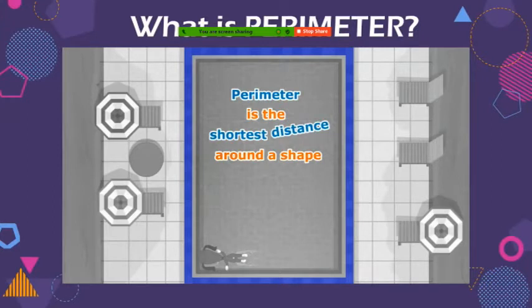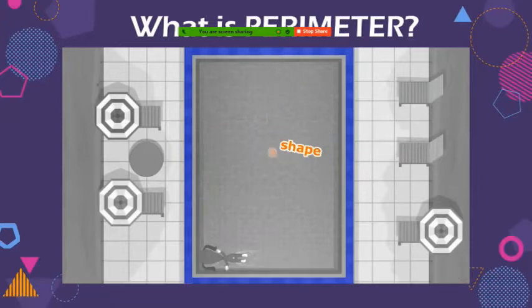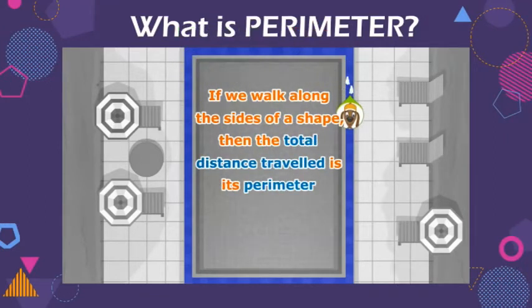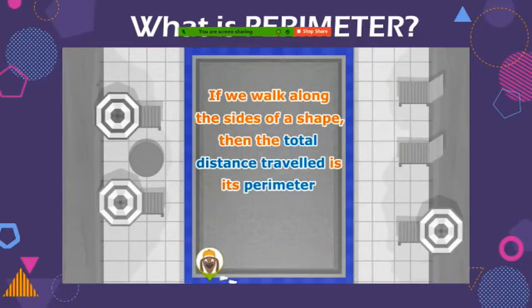So in other words, class, my thumb wants to find out the perimeter of the swimming pool. He wants to find out the total distance of the swimming pool where his pet dog swam. Perimeter is the shortest distance around the shape. Or if we walk along the sides of a shape, then the total distance traveled is its perimeter. So let's have my thumb figure out the perimeter of the swimming pool.